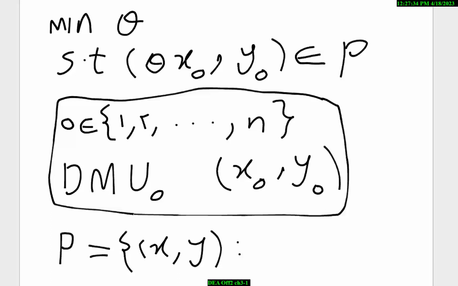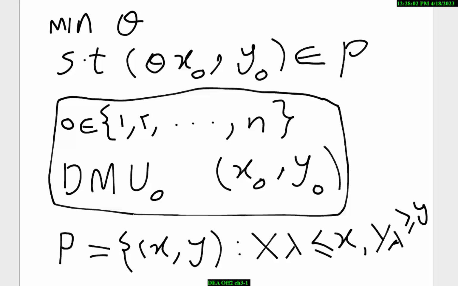That is, in matrix form, x multiplied by lambda is less than or equal to x, y multiplied by lambda is bigger than or equal to y, and lambda, as an n vector, is bigger than or equal to 0, meaning all of its components are non-negative.